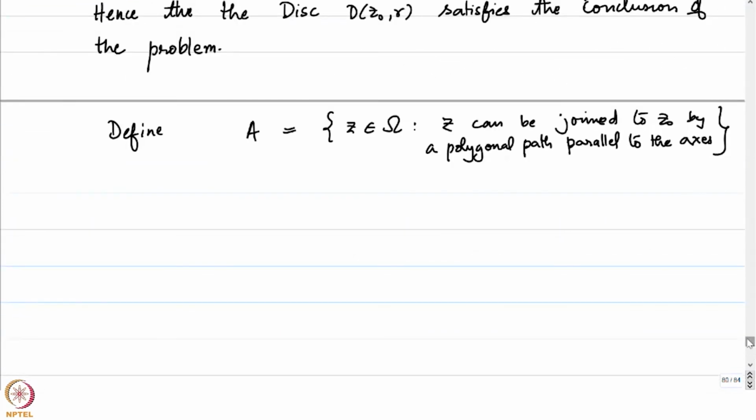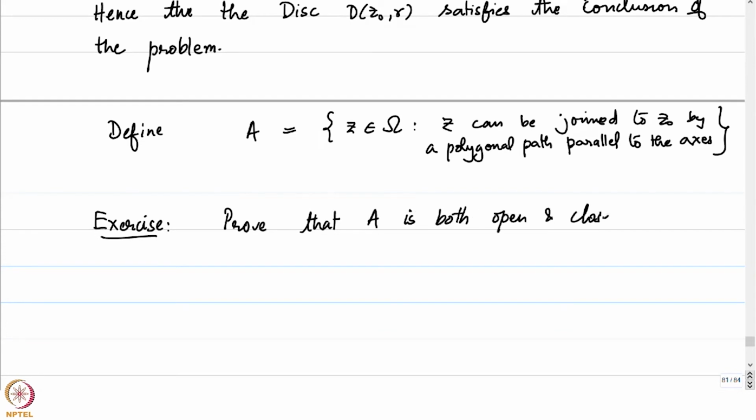I will leave it as an exercise here because we have already done this argument once. Prove that A is both open and closed. By using the fact that disk, we just check that disk, we can do that, and by concatenating the path inside the disk, we will be able to show that it is open, and we will be able to show that its complement is open in a similar manner.